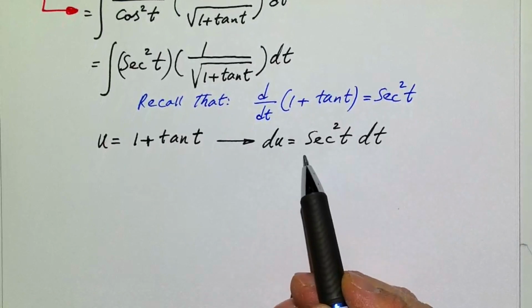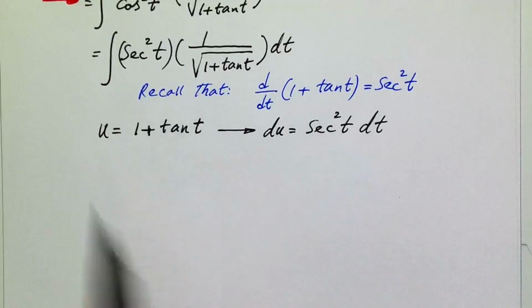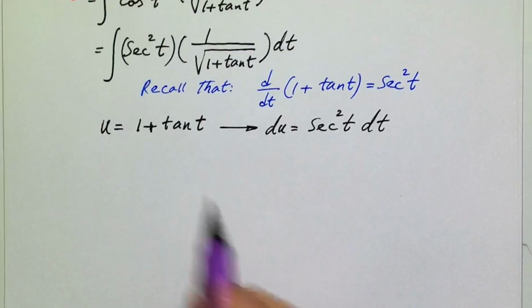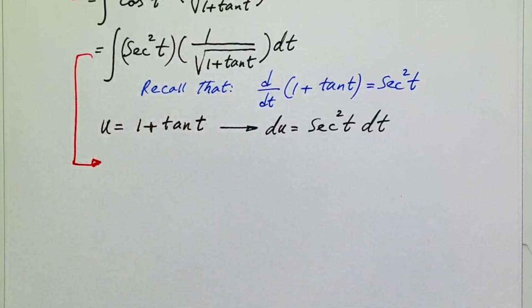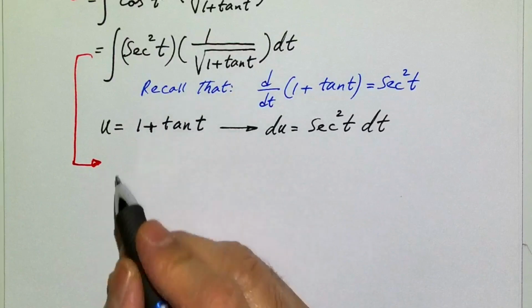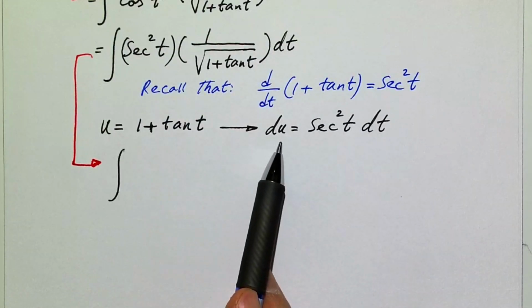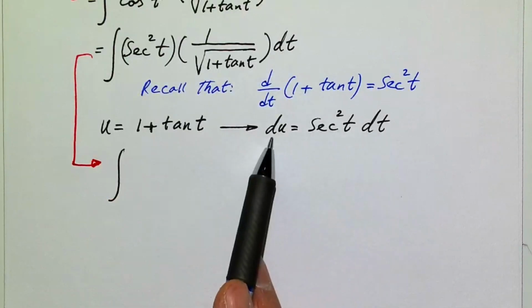Okay, then in this case, we can start substituting from here to here. Then we have a nice substitution. We have secant squared t dt is just du, right?